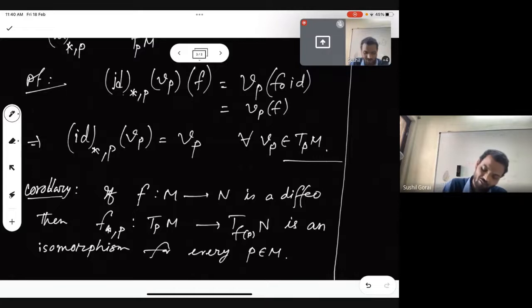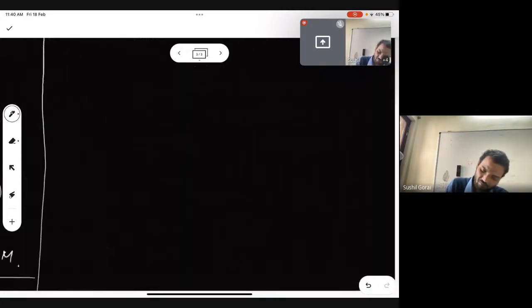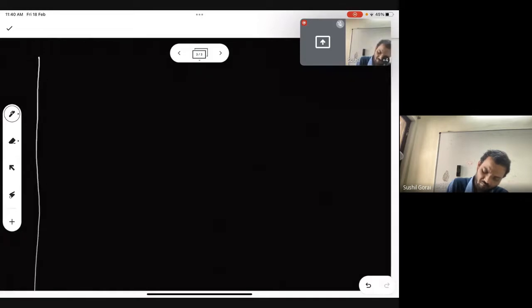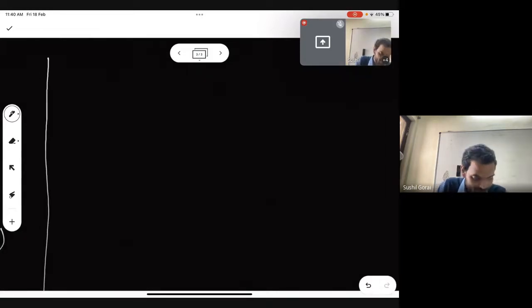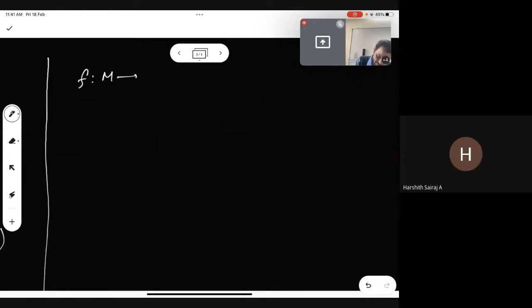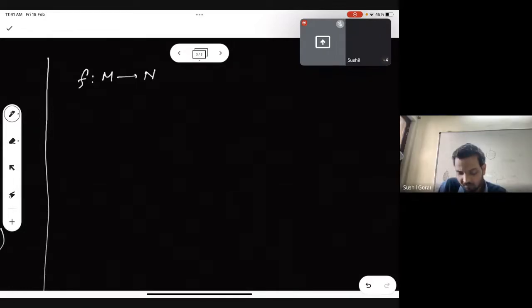So, what is the definition of diffeomorphism?